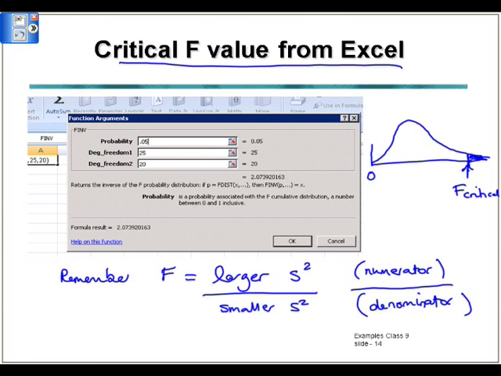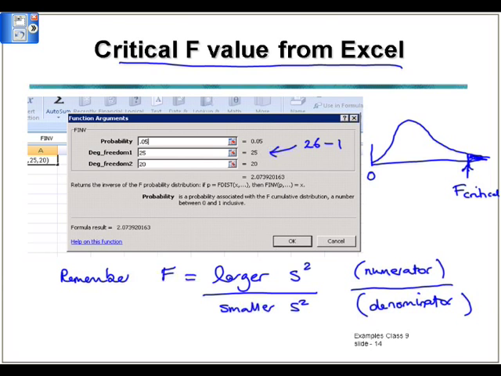The smaller standard deviation comes from town 2, and that had a sample of size 21. So the numerator degrees of freedom is 25. The denominator degrees of freedom is the smaller sample size minus 1.